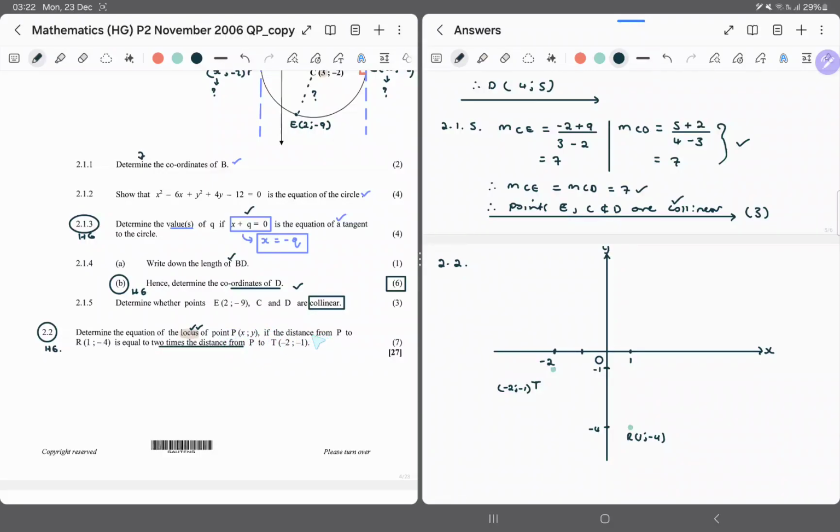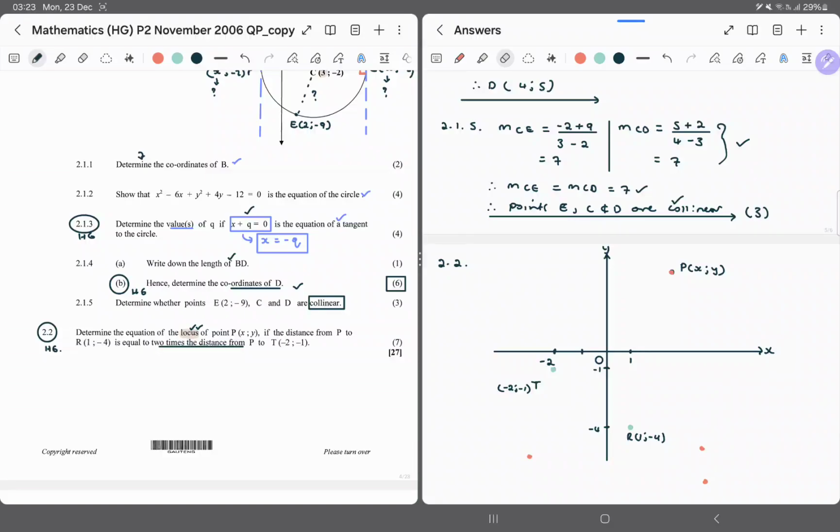We are saying this distance of this point. So this is probably a point here. We don't know where it is. Point P is any point on the Cartesian plane. Point P can be here, can be here, can be even collinear to this. It can even be, I mean. Can you see there's so many possibilities?